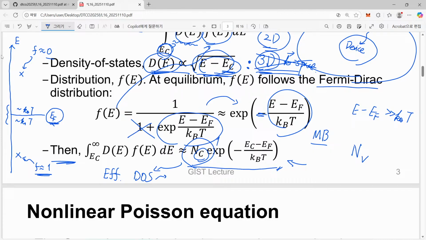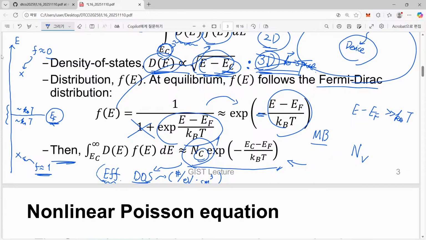So usually when we say density of state, it is number per eV per volume. That is the usual dimension of density of state. But when we say effective density of state, it is no longer like this. Sorry about that, of course I have to have this volume dimension here. So this is the usual dimension of density of state.